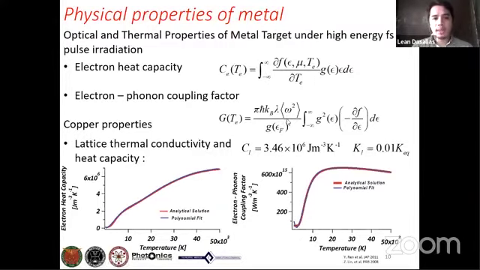The heat capacity and the electron-phonon coupling factor are given by this equation. But if we are to put this equation into our modeling, the computation time will be longer. So what we did is we performed polynomial fitting to the already solved electron heat capacity and electron-phonon coupling factor in order to improve the computation time.